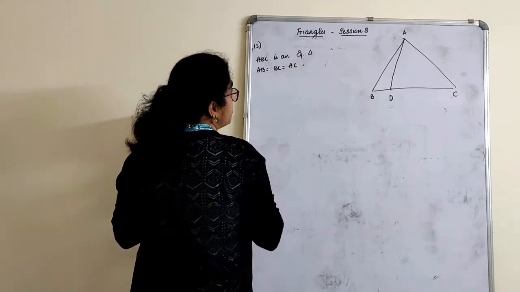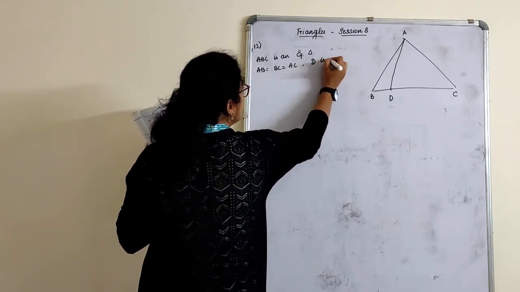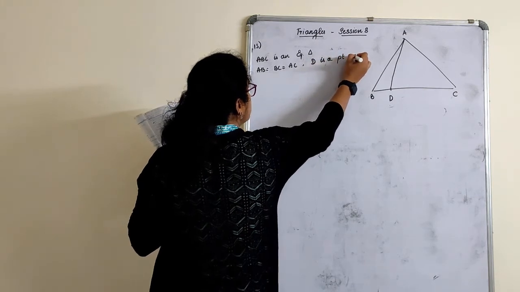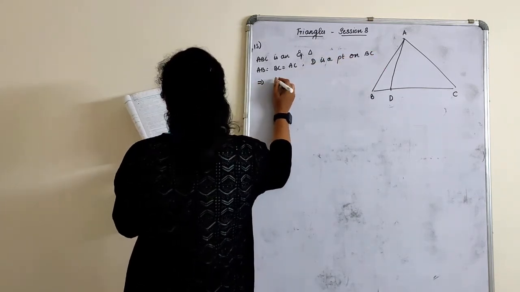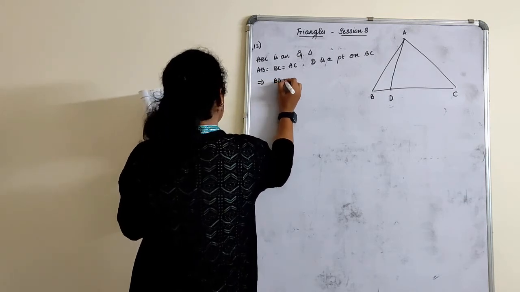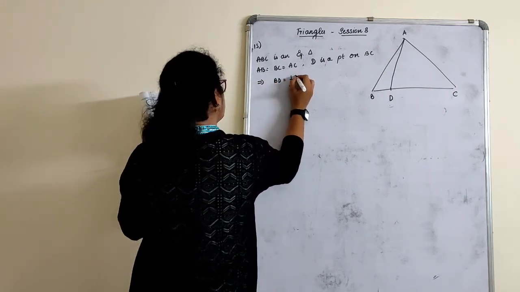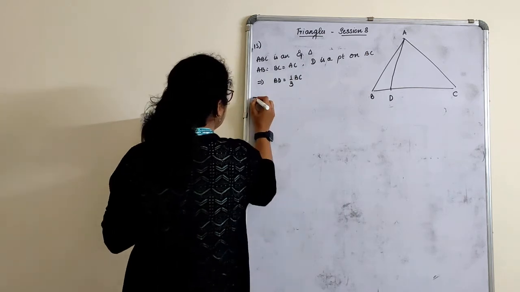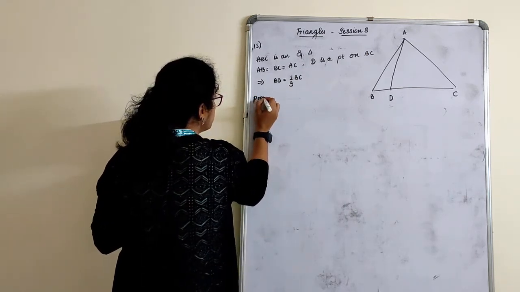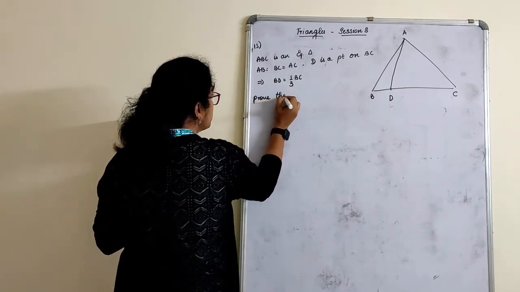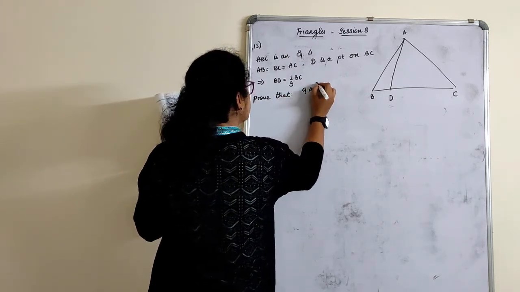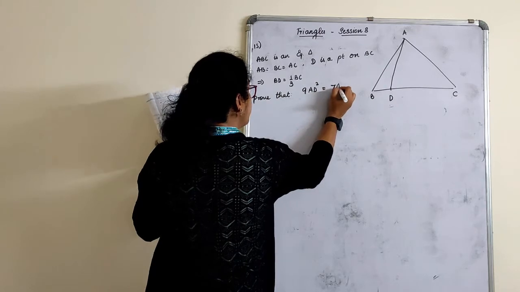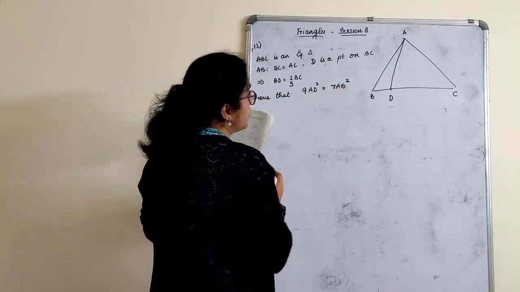D is a point on BC such that they have given the relation BD is equal to 1/3 BC. Prove that nine times AD square is equal to 7 times AB square.